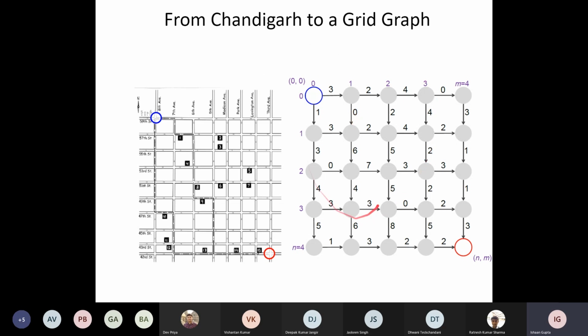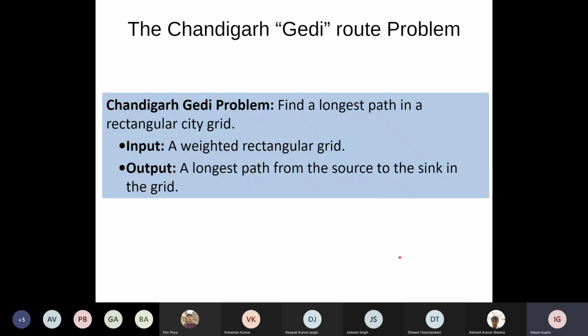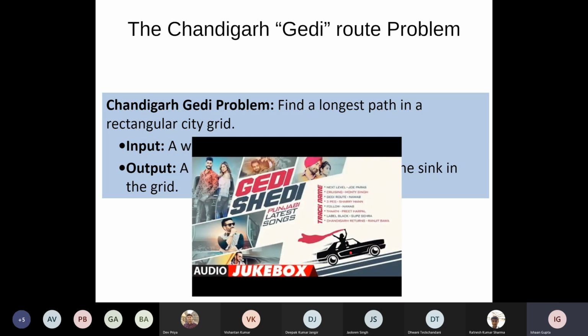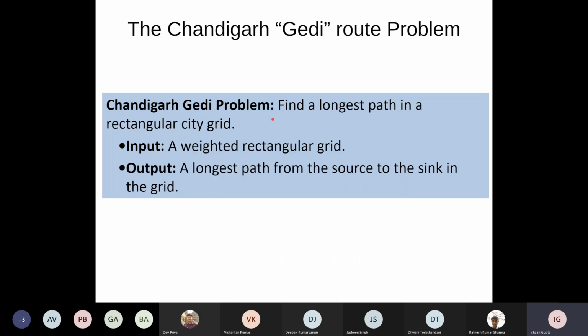So you can represent the entire city of Chandigarh in this kind of a graph. Now, the interesting problem that is quite popular in Chandigarh is the problem of wasting time. That is basically going in a car and making songs about this route, trying to find the longest path in a rectangular grid of the city, right?